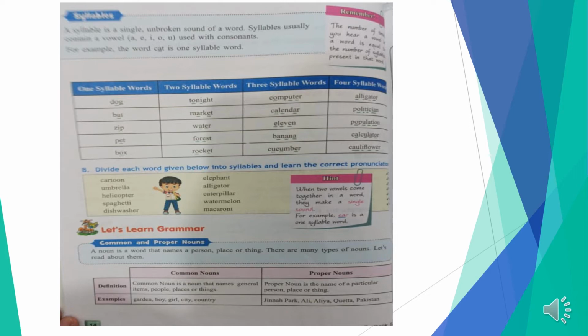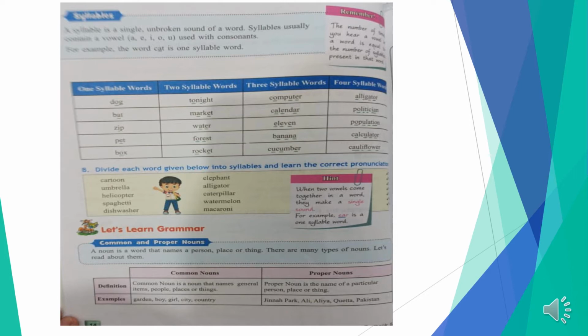Next word is umbrella. It's having 3 syllables. Next word is helicopter. So that word is having 4 syllables.